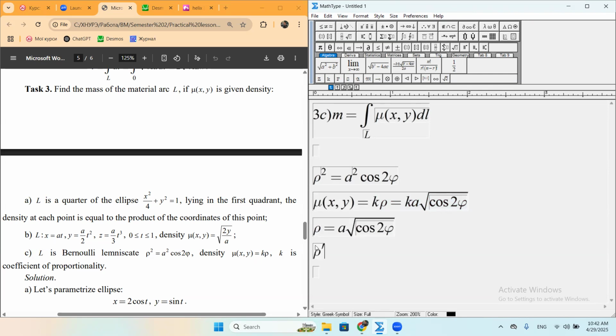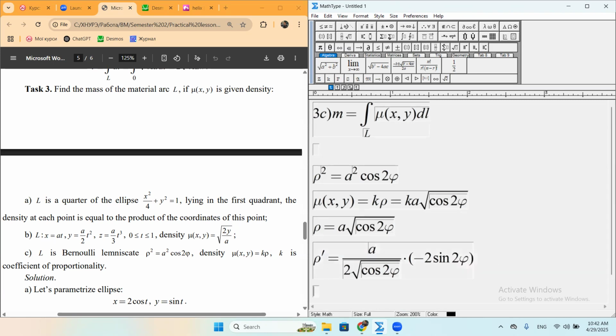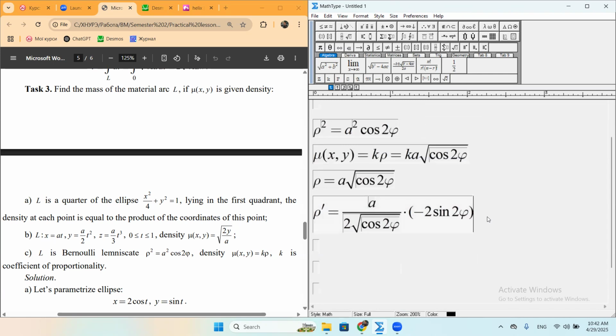Rho prime will be equal to a over 2 times the square root of cosine of 2 phi, multiplied by minus 2 sine of 2 phi. So it equals minus a sine of 2 phi over the square root of cosine of 2 phi.